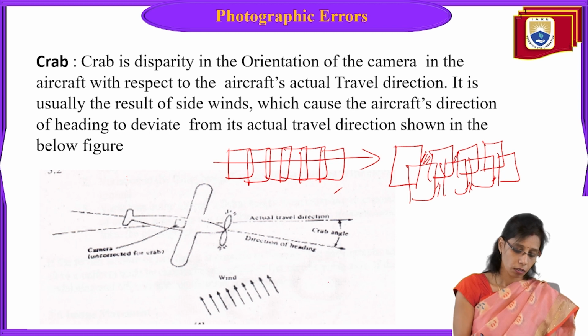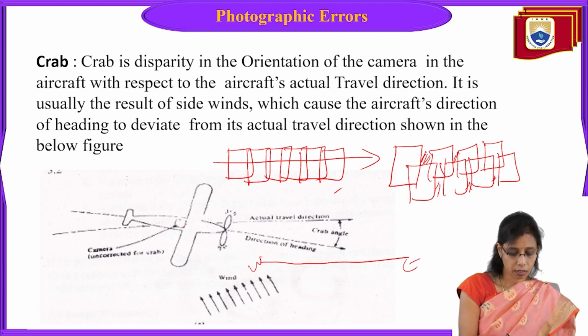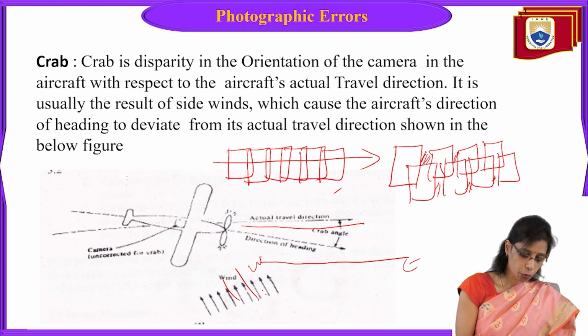Crab means, when the flight line direction is decided, let us say west to east or east to west, you can see here this is the actual flight line decided, the actual travel direction. But what is happening due to wind? The wind is pushing the flight.